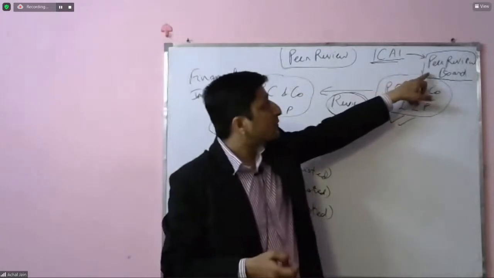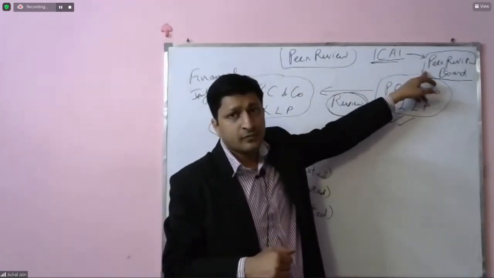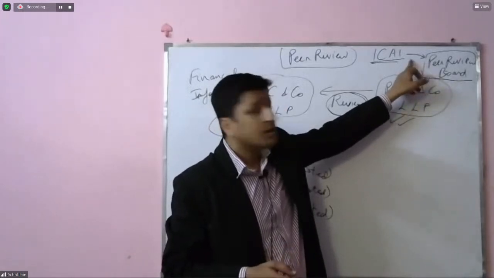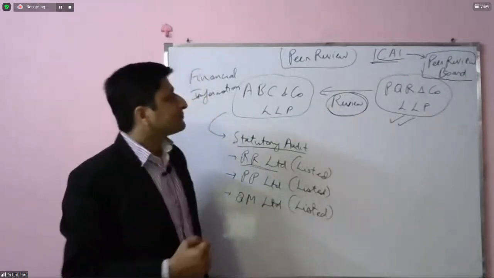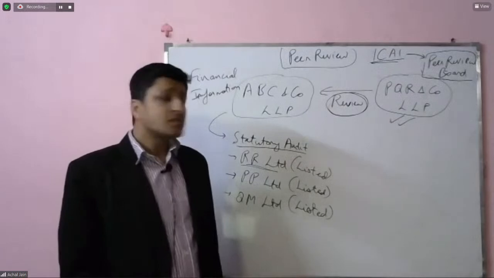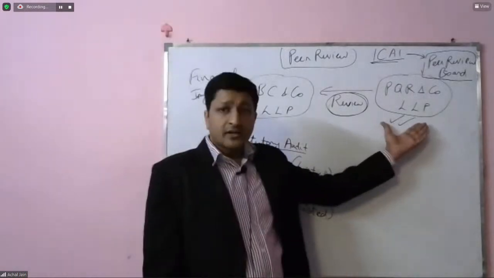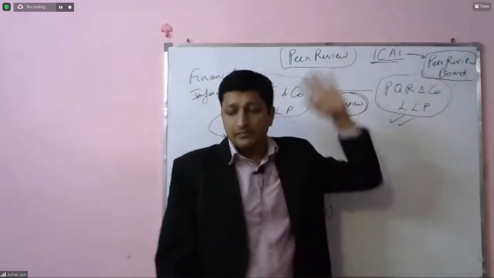So it's the responsibility of whom? Peer review board. Who has the authority over this peer review board? It is a board of the ICAI, a part of the ICAI. And the practicing unit which will be doing this needs to be empaneled with the peer review board.